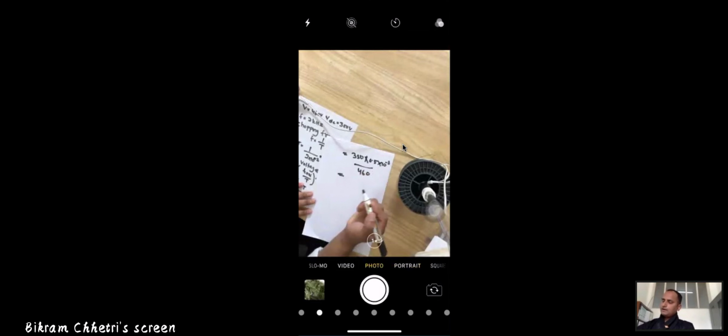So 350 into 0.5 divided by 460, with the time in milliseconds, 10 raised to power minus 3 if you convert to seconds. How much do you get? T on will be equal to 0.38 millisecond. So this is the T on time.